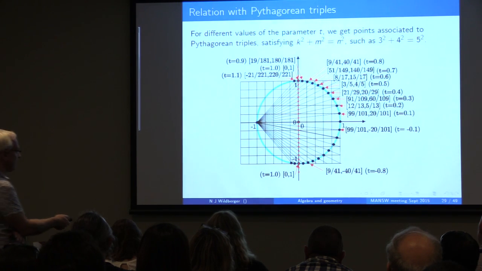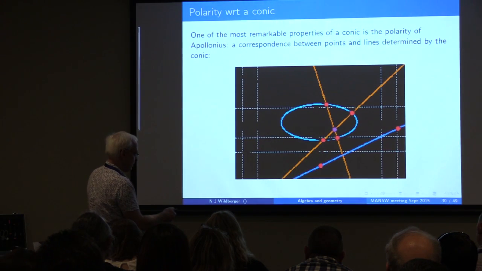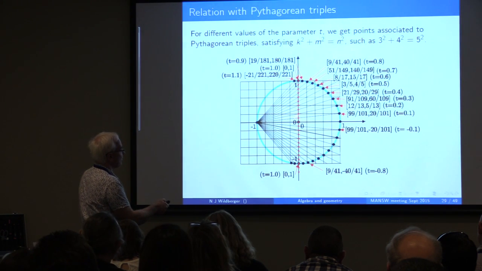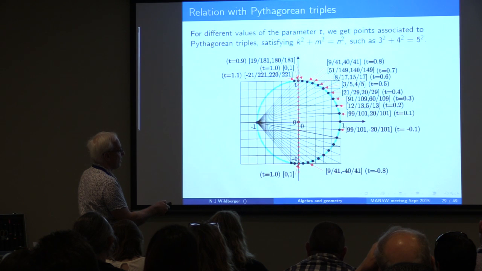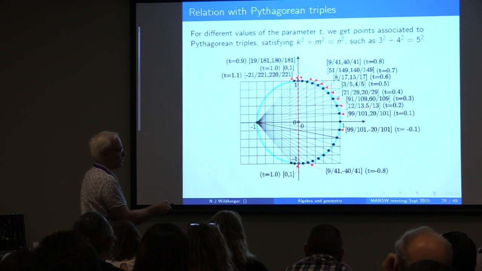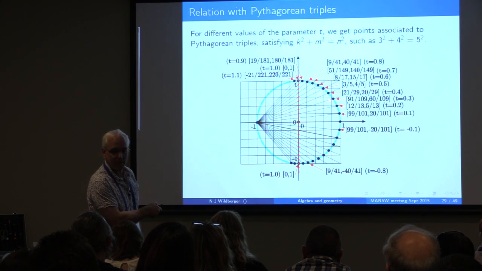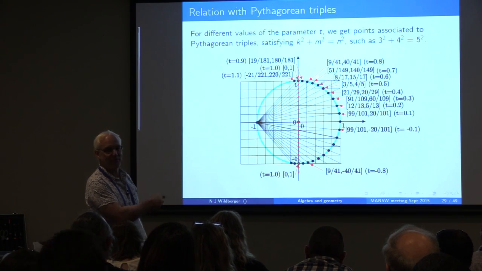For example, if t is equal to 0.2, then this is the number 12 over 13, 5 over 13. There's the Pythagorean triple, 5, 12, 13. And if t is 0.3, then you get 91, 109, 60. Maybe a less well-known Pythagorean triple, and so on.